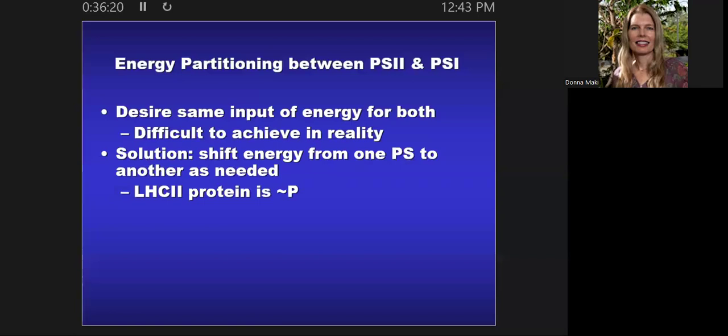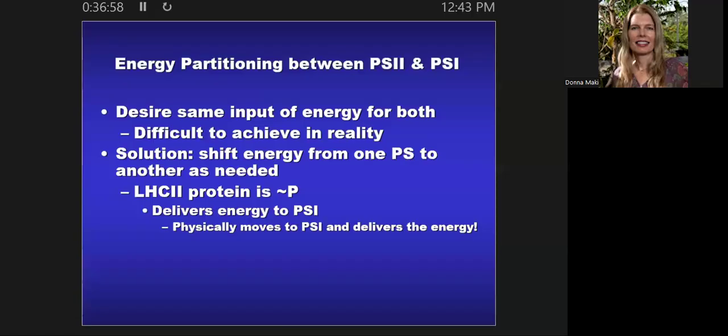What happens is if a protein gets phosphorylated, so we're talking ATPs going on here and donating off a phosphate group, if that happens, the LHC2 will actually move to photosystem 1 and deliver its energy to photosystem 1 instead of photosystem 2. So that phosphate that gets stuck onto the antenna system is the signal. Hey, photosystem 1 needs some extra energy. And so it will actually shift and give energy to photosystem 1. It actually physically moves, which is kind of bizarre.